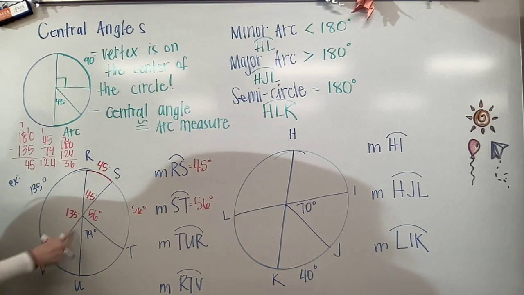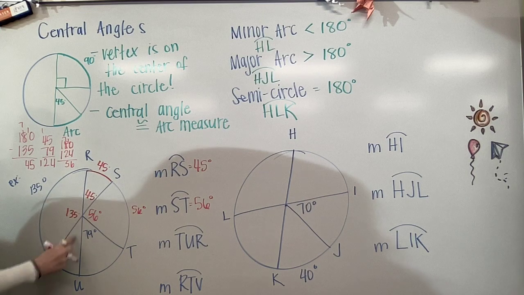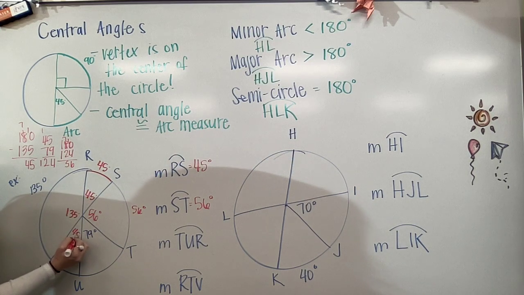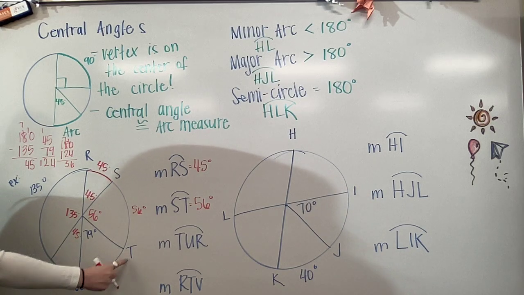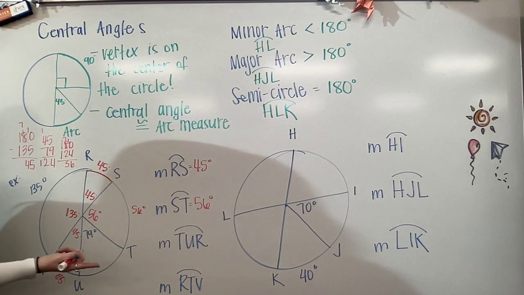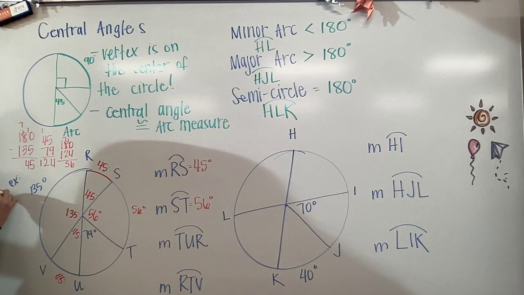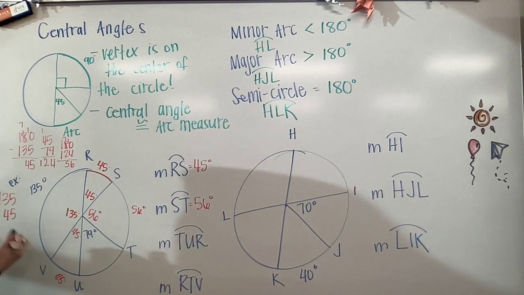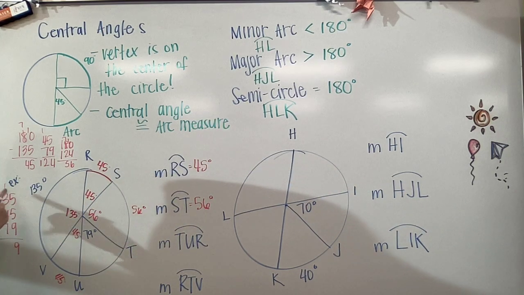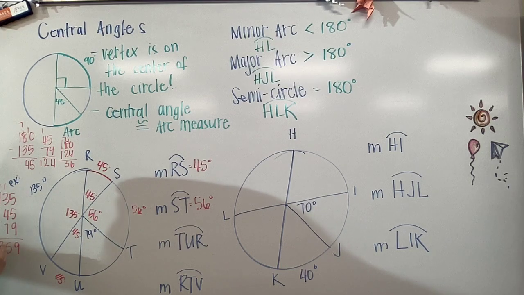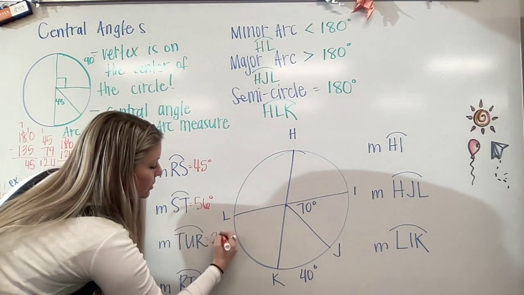Or here I can see that I have vertical angles, so that means this is 45, and then I could just add up 79, 45, and 135 for that arc. Okay? So I'm going to do 135, 45, and 79. So that's 10, 15. So this is 259.